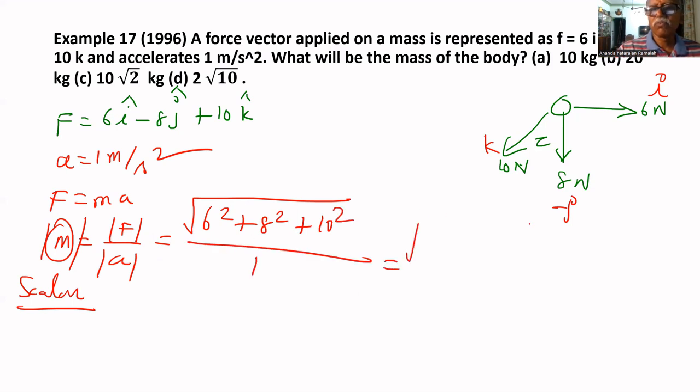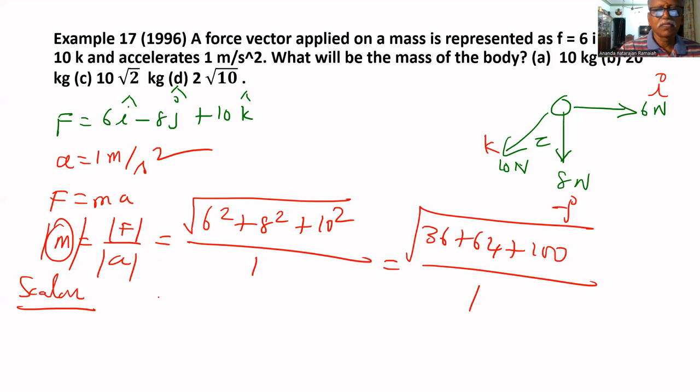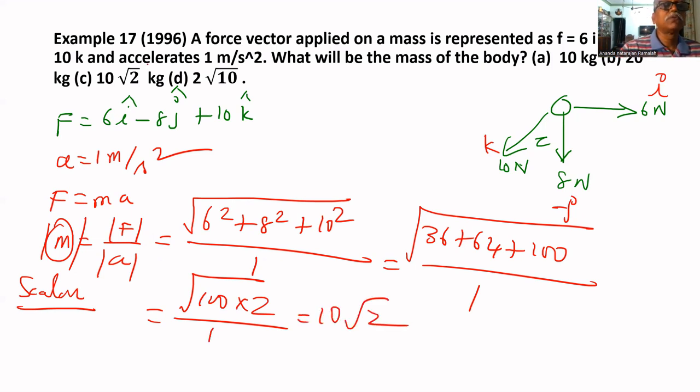That is equal to square root of 36 plus 64 plus 100 divided by 1, square root of 100 multiplied by 2, equal to 10 root 2. So 10 root 2, C is the answer.